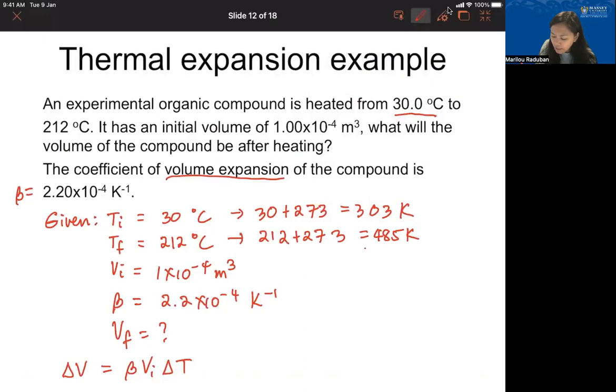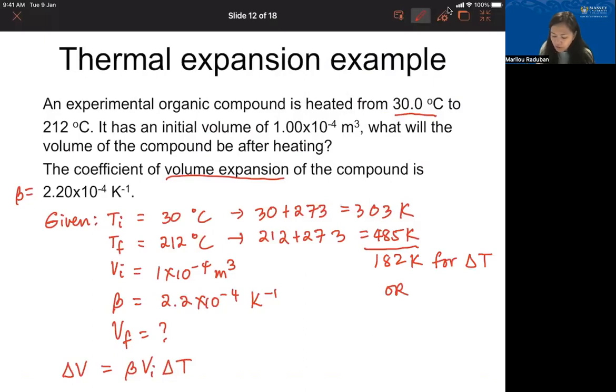So if you get the change in temperature in Kelvin, just subtracting 485 minus 303, you'll have 182 Kelvin.